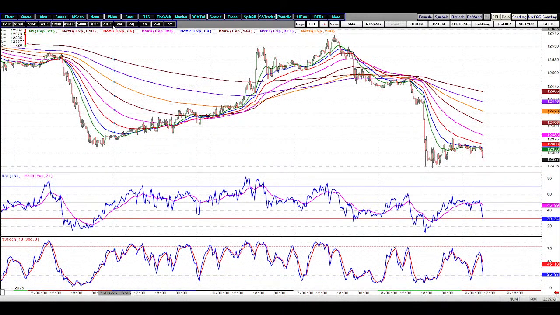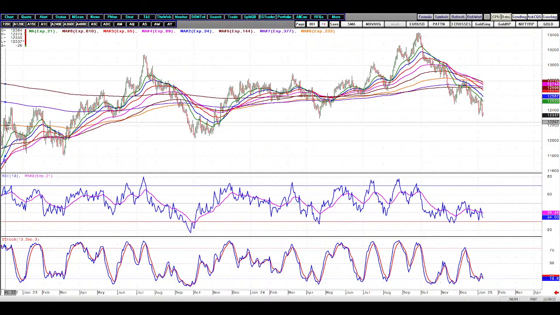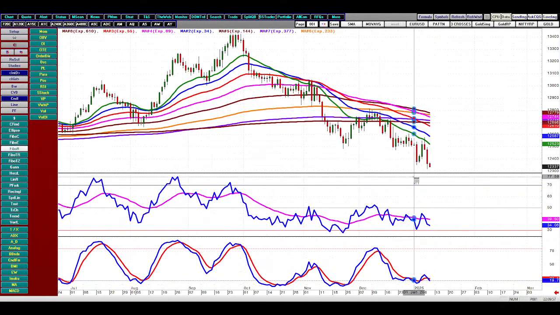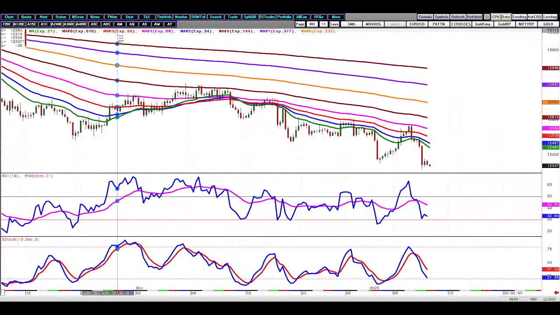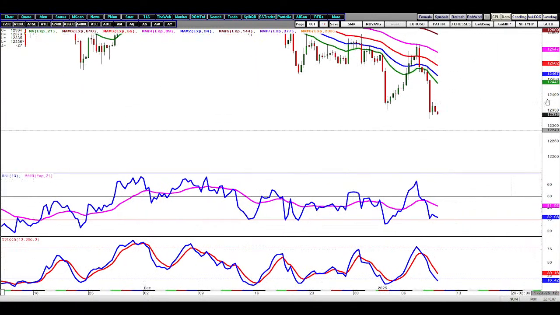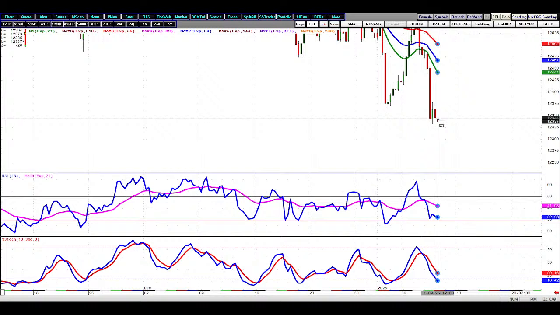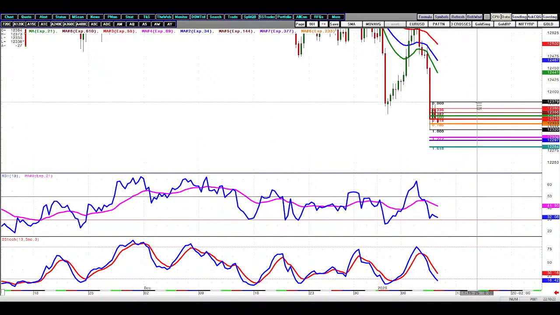The chart on the daily is still in a range, but with the downside bias holding. Your 360 is also telling us that this should be coming off. This is also weak, but as long as that 80 doesn't break, we should see the price testing this low or even lower towards 12300 or 12290.